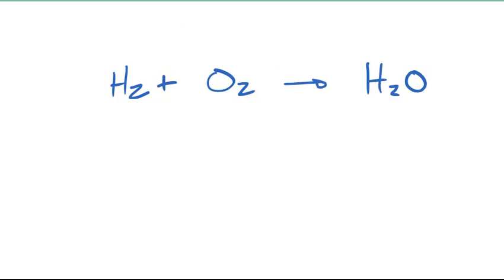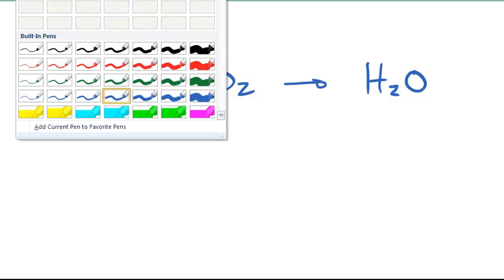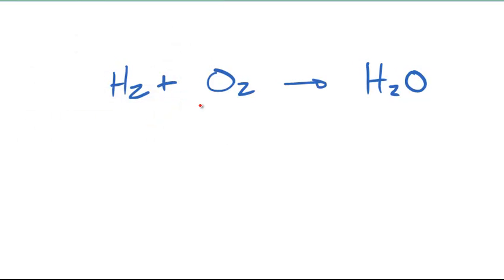Okay, so I'm going to pick red here for my coefficients. And one thing that I'd like to really highly recommend to you, as you begin getting really good at balancing chemical equations, is at first keep a little table where you tally the number of atoms of each element on the reactant side as well as on the product side.